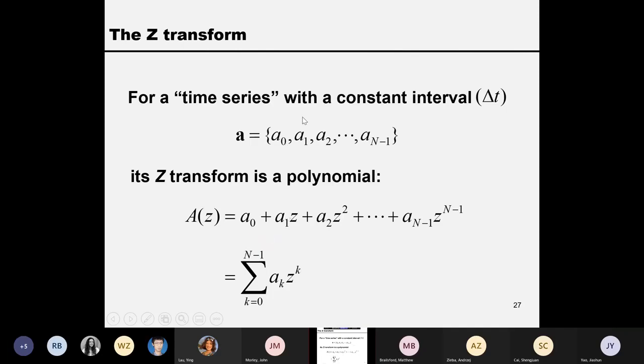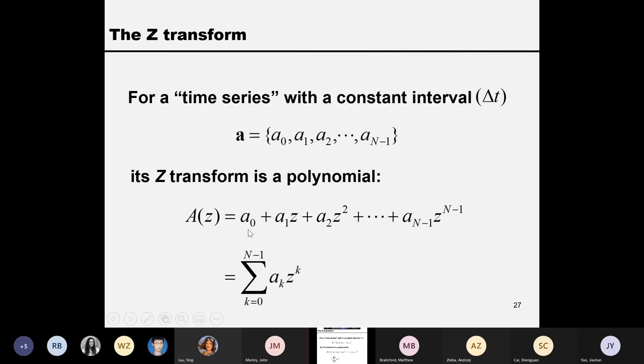For each individual sample, we use A itself as the coefficient, the weight, and then we use Z with the power 0, Z power 1, Z power 2, up to Z power n minus 1. The power of Z is the index of time, and the coefficient is the actual sample. You sum them together. That's the Z transform. Straightforward, easy.